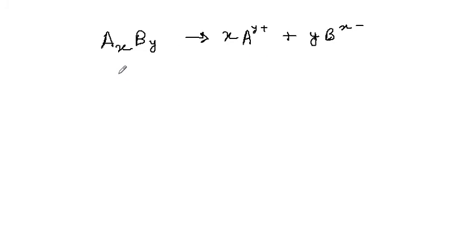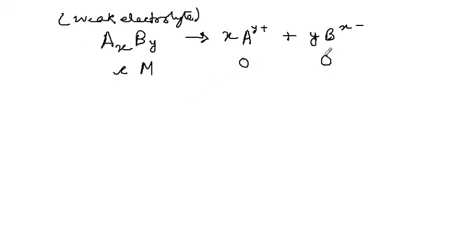So if we take C molar concentration of the solute AXBY, assuming that this is a weak electrolyte, we should understand that in the weak electrolyte there is no complete dissociation, there is partial dissociation. So the weak electrolyte will dissociate partially.